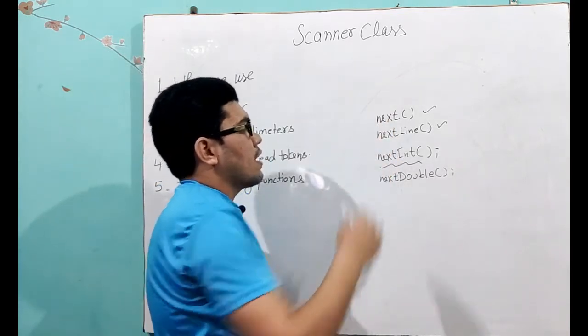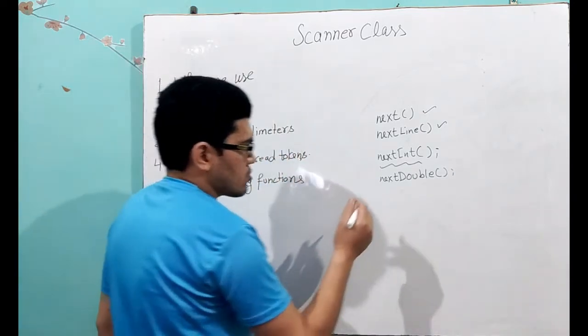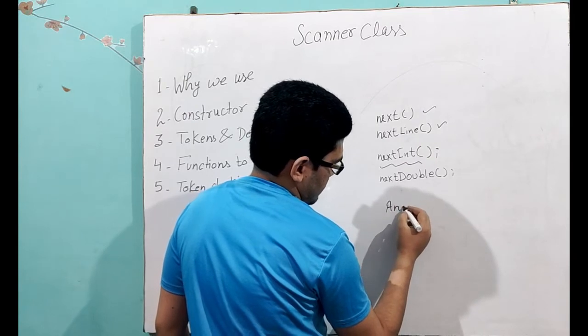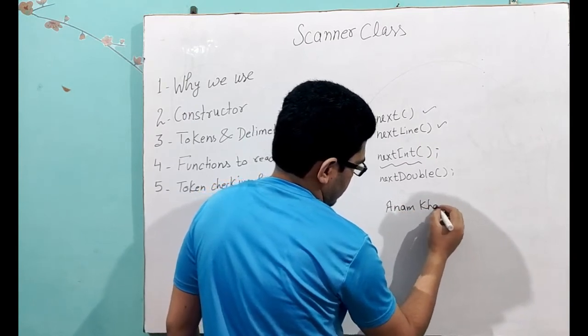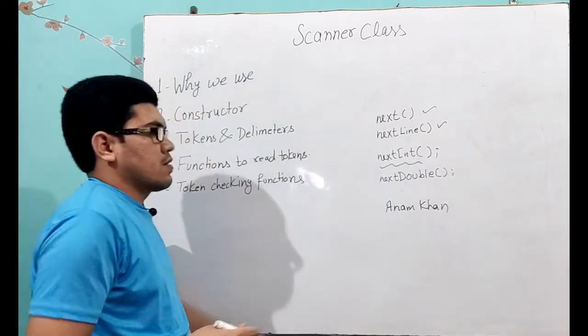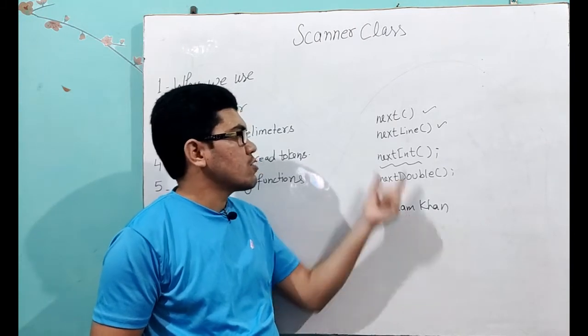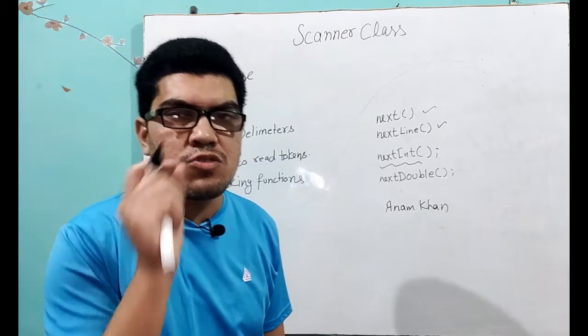See, if we are using the next function and suppose this is the string I want to store, and I use only the next function, the next function will read only one token.